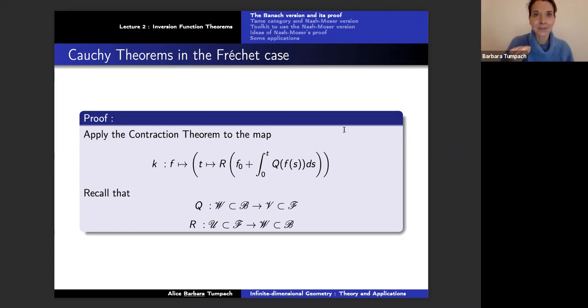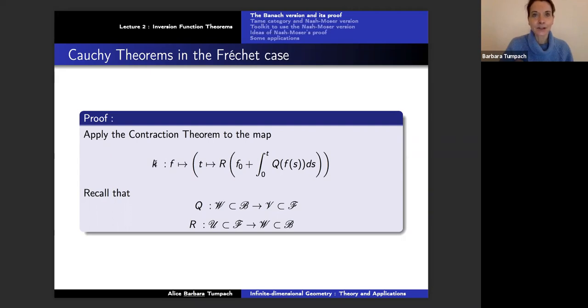So the Banach space B will play the role here, and the factorization also. This K is in fact the analog of S_F before.